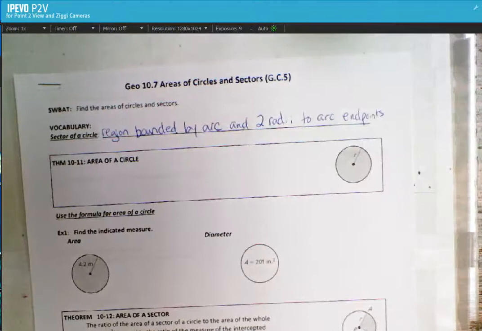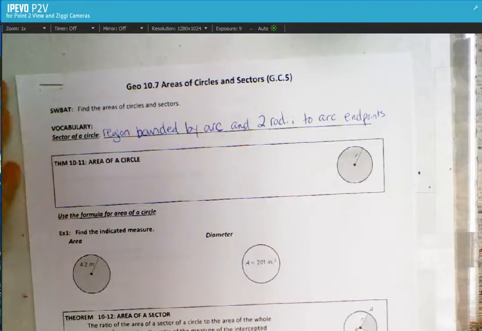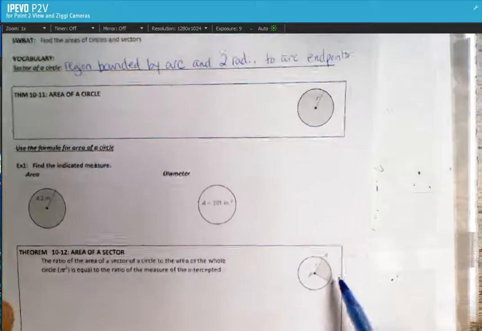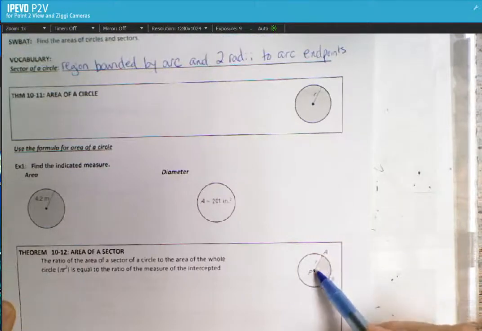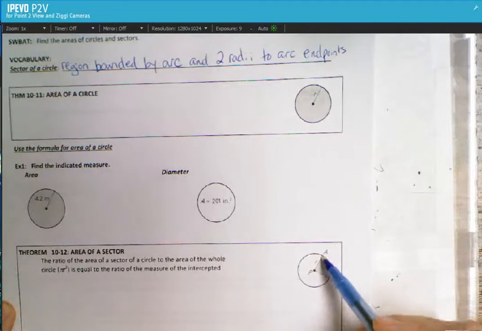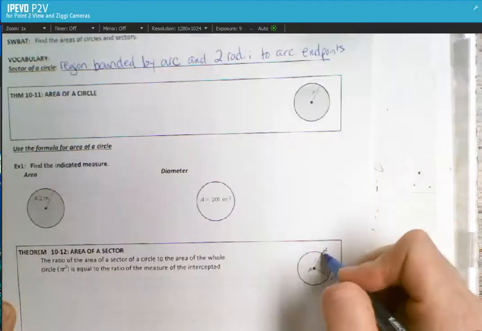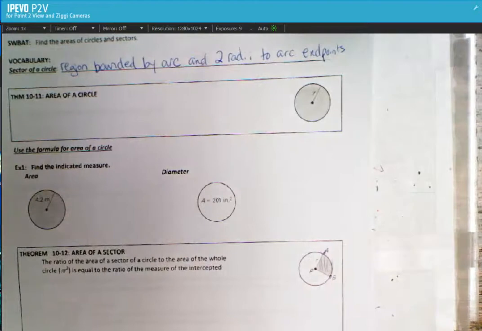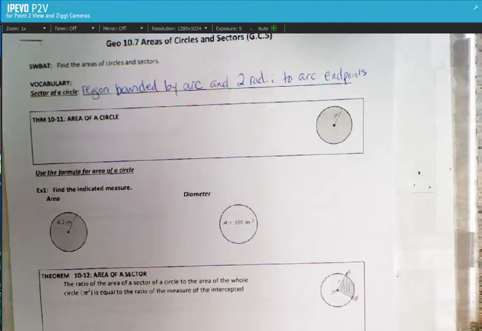Okay, so a sector of a circle is a region bounded by the arc and two radii to arc end points. So if we take a look down here, I have two radii that are bounded by the end points of this arc, and that becomes a sector of the circle.